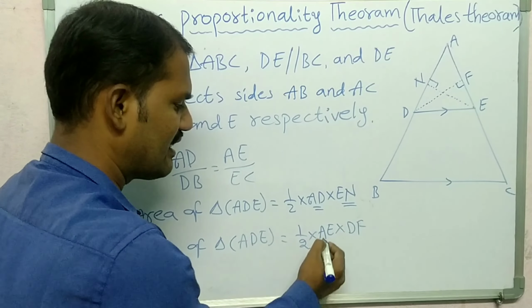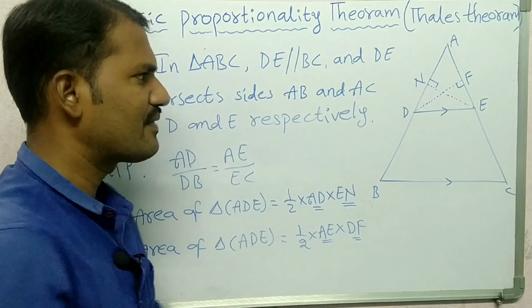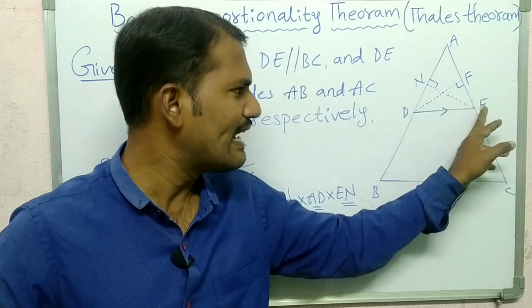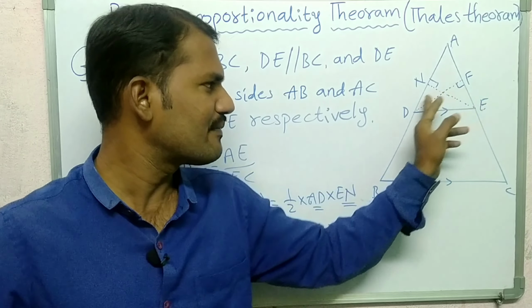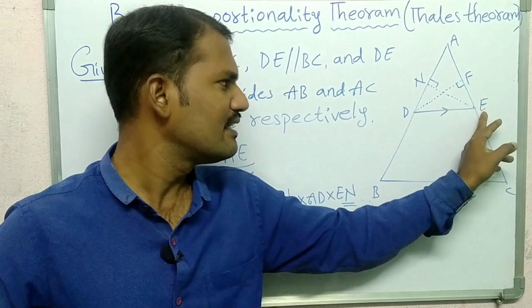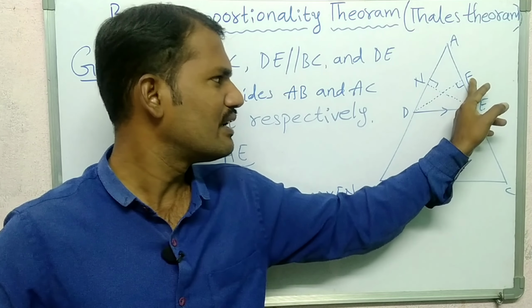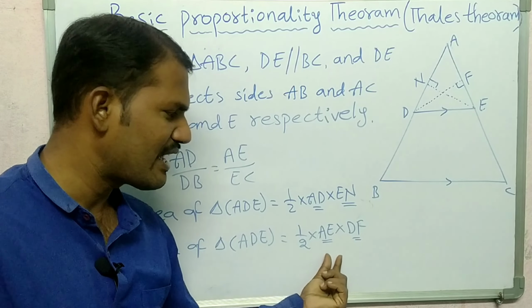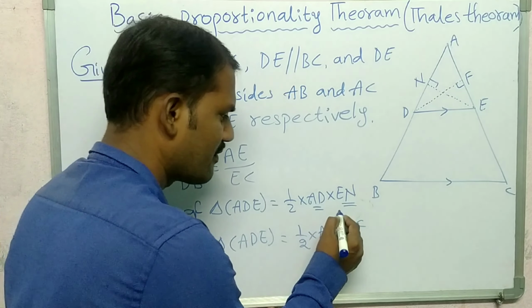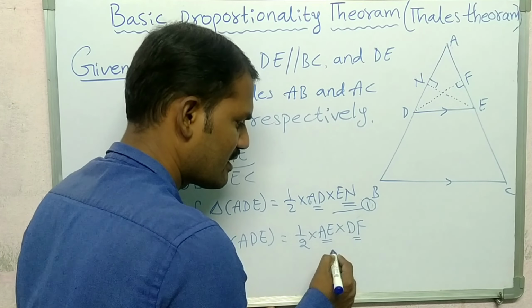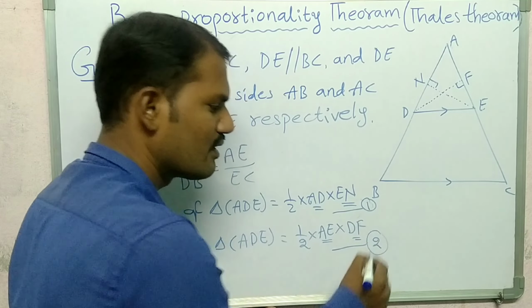AE is the base, DF is the height. I am considering AE as the base, DF as the height. AE is perpendicular to DF. So 1/2 into AE base, DF height. So here we consider this as equation number 1 and this as equation number 2.